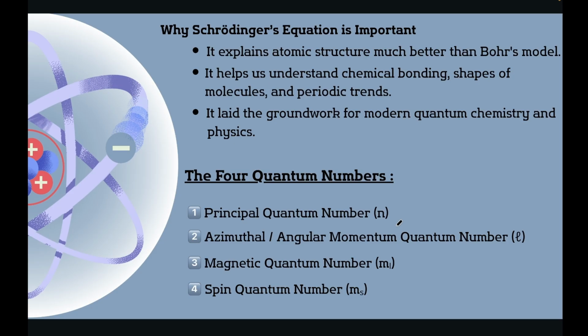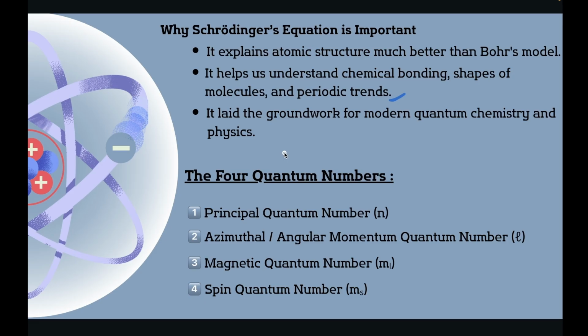Why is this equation important? Because it explains atomic structure much better than Bohr's model. It helps us understand the chemical bonding, shapes of molecules, and periodic trends. It laid the groundwork for modern quantum chemistry and physics.